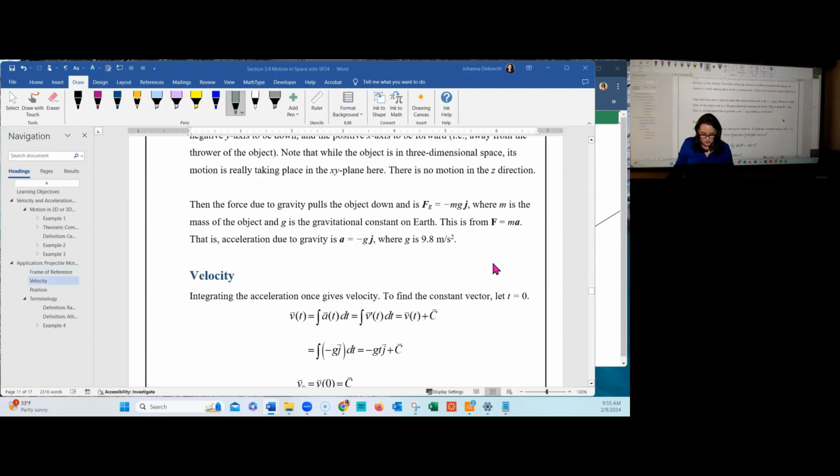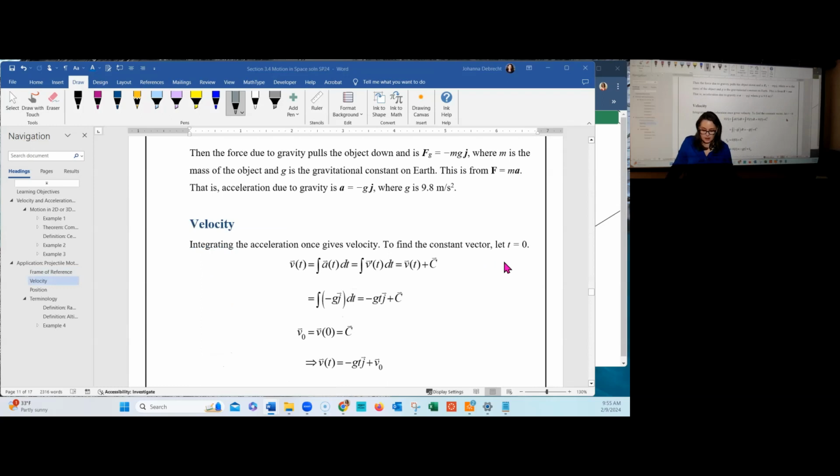The force of gravity is pulling the object down to Earth. So we can think of the force of gravity using Newton's law, F equals ma. So if we have F equals ma, then we have the mass of the object, which is m, multiplied by the acceleration. In this case, we're going to separate the negative from the gravity. It doesn't have to be, it could be included, whichever way you want to do it.